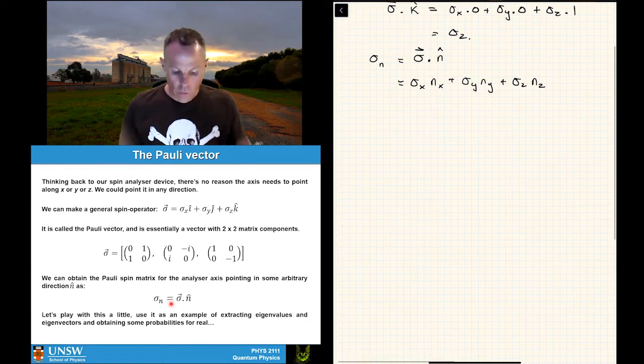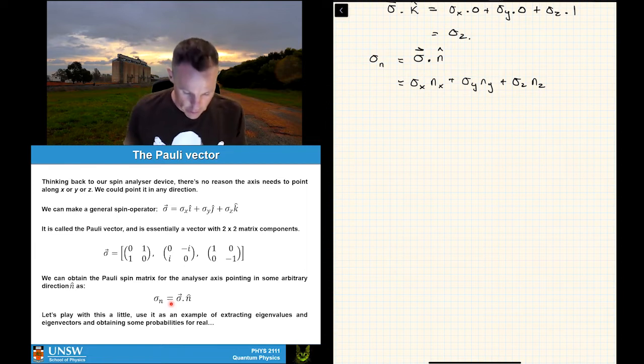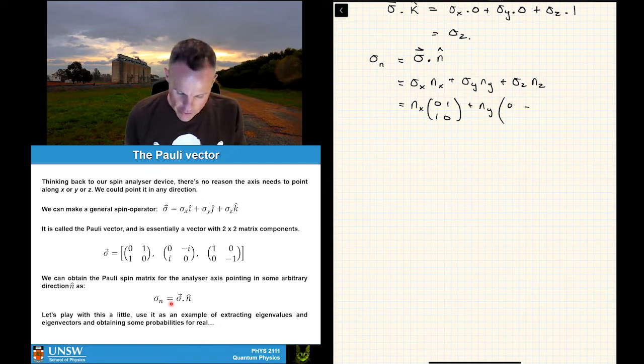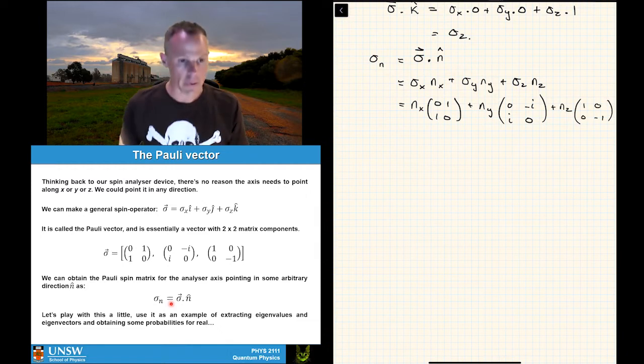And so we could take this one step further and write this as a set of matrices, right? So we would have nx times our Pauli matrix [0, 1; 1, 0], plus ny times [0, -i; i, 0], plus nz times [1, 0; 0, -1], in here, okay?